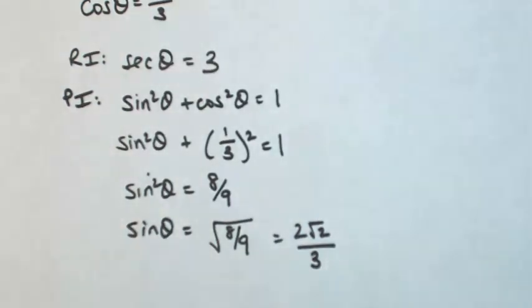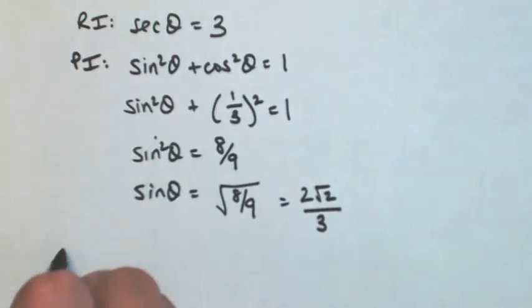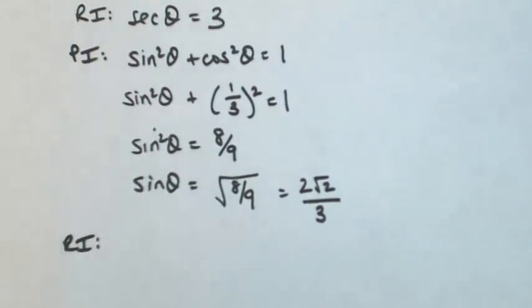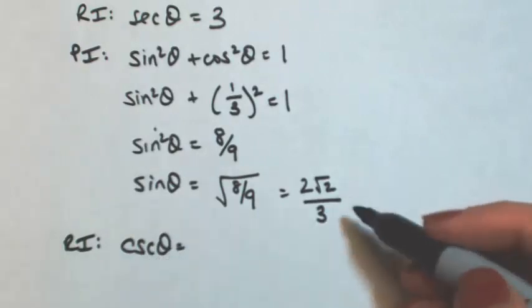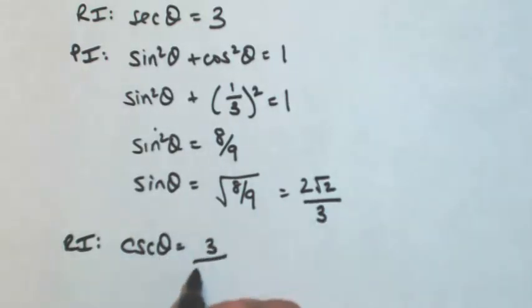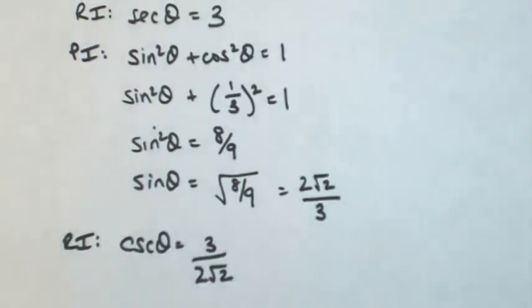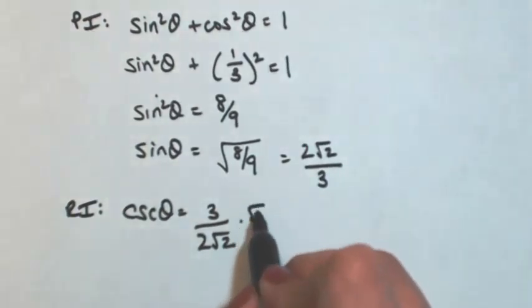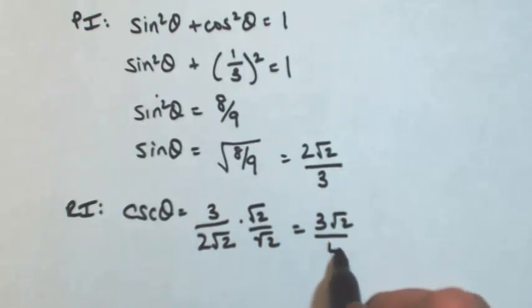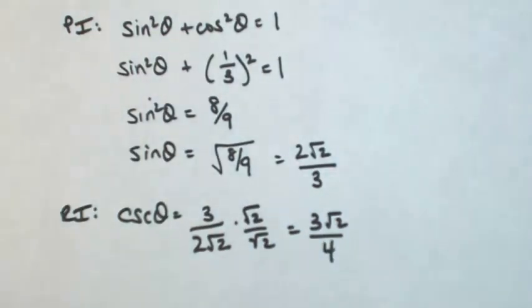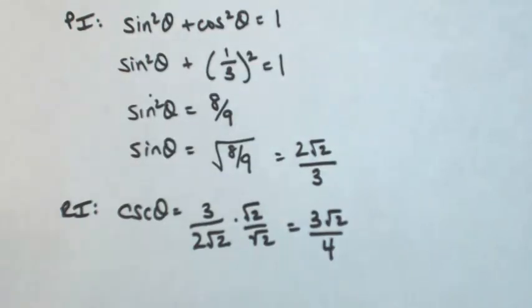Okay, so now I know the sine of theta. Let me go back to a reciprocal identity. If I know sine, then I know cosecant. So take the reciprocal of sine. Rationalize. Okay, so one more set of cofunctions to find, and I need to know the tangent of theta.